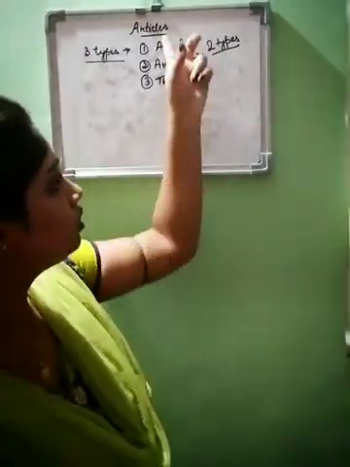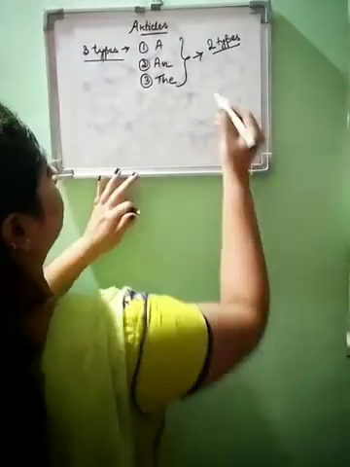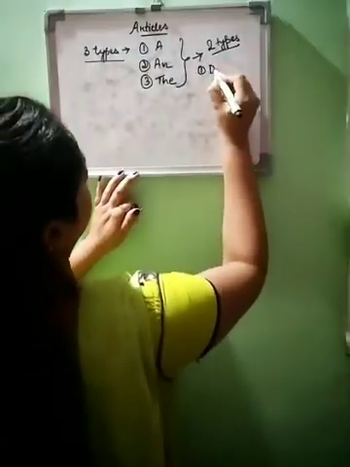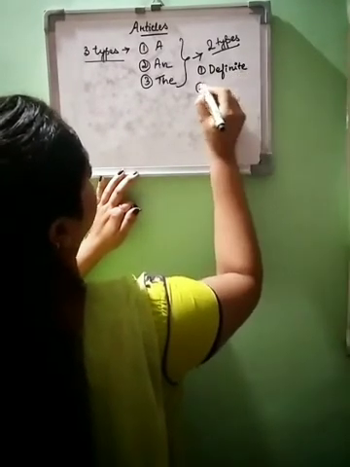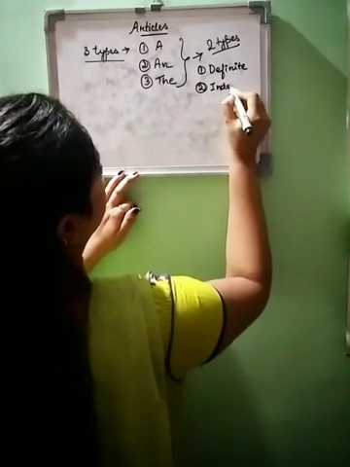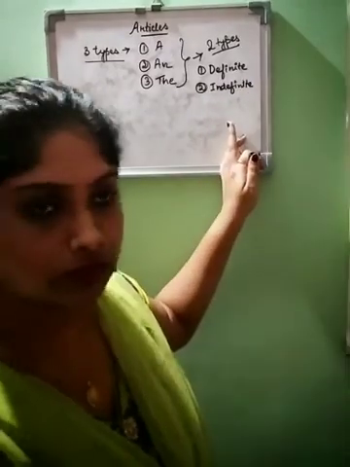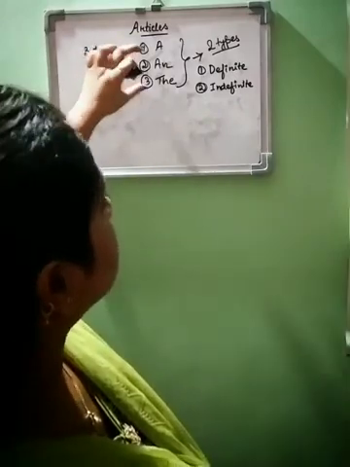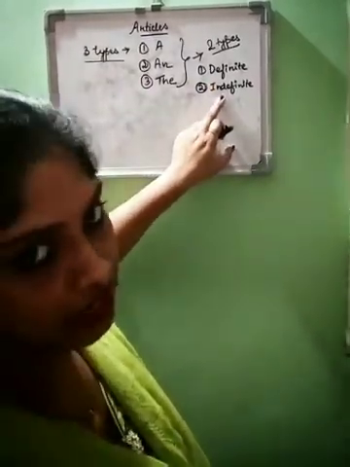Now these three articles are divided into two types. What are they? First is definite, and the next is indefinite.